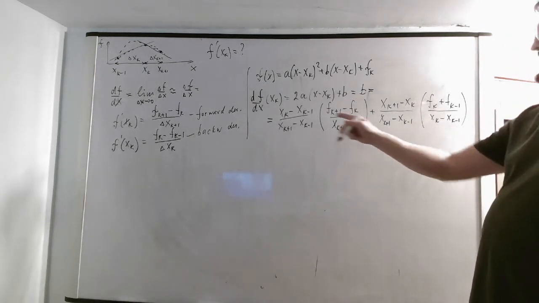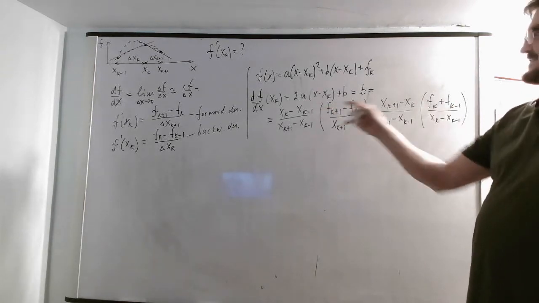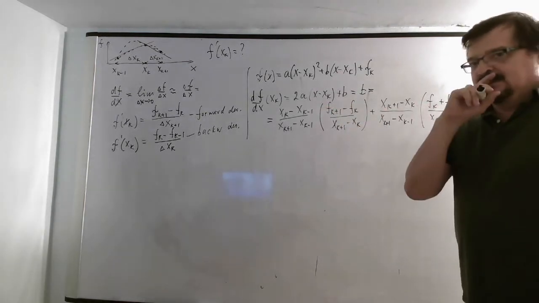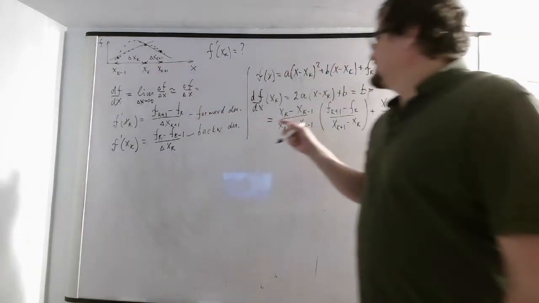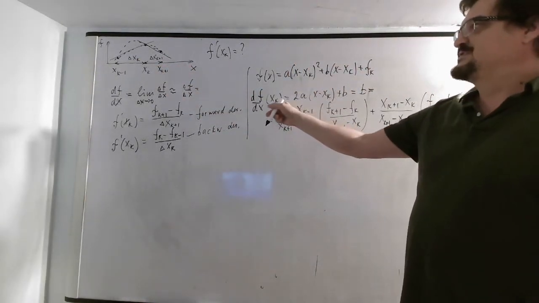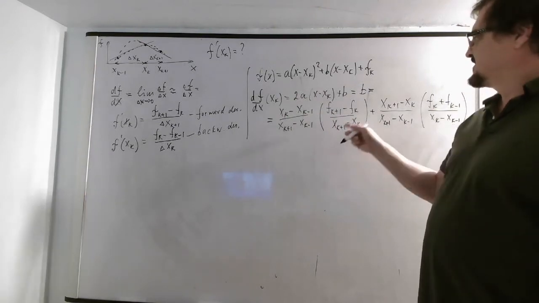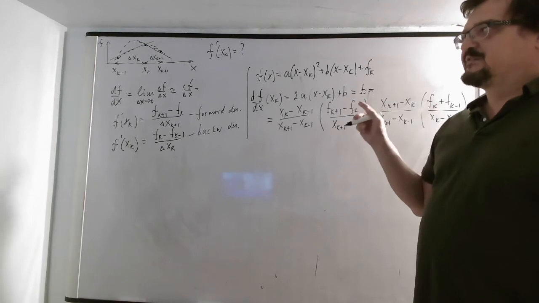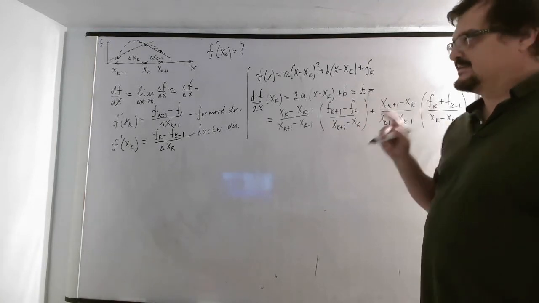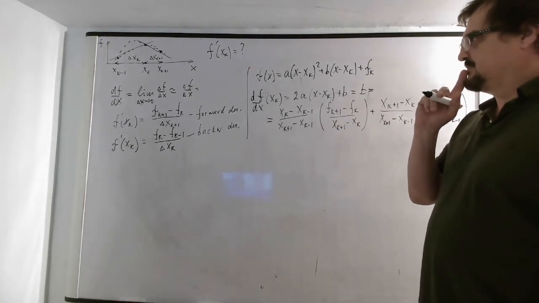We have basically a weighted mean of two derivatives, the forward derivative and the backward derivative. This is how we get our derivative using a parabola. So it's basically weighted first order derivatives, or derivatives based on a line, as an approximation.